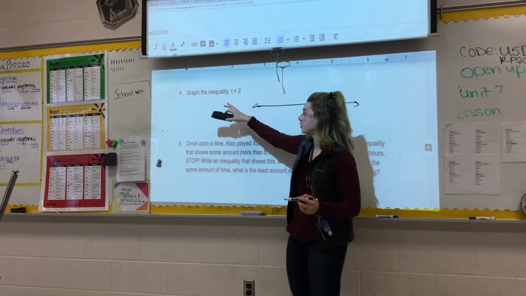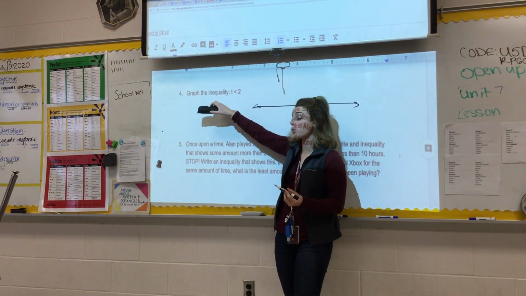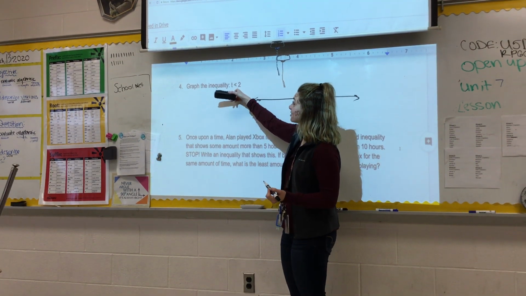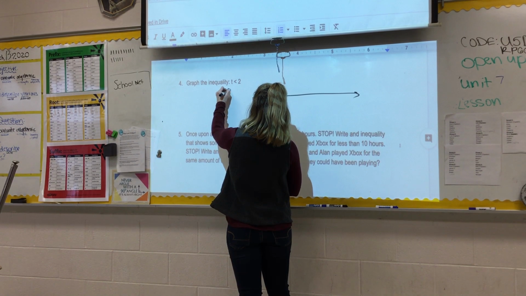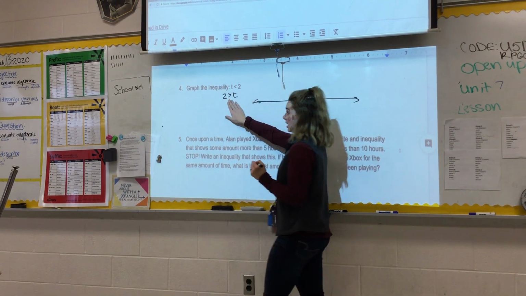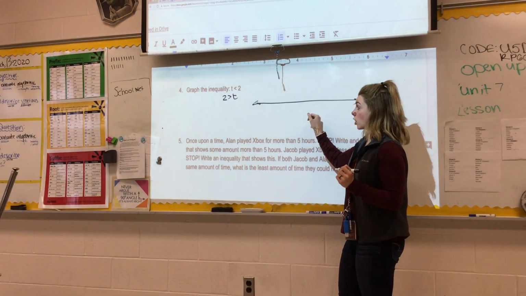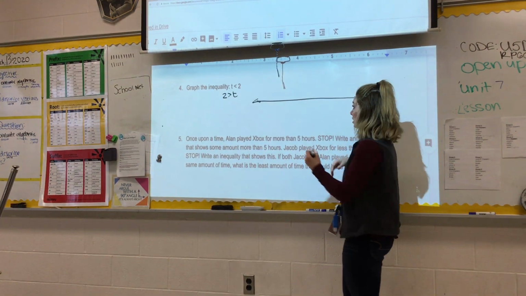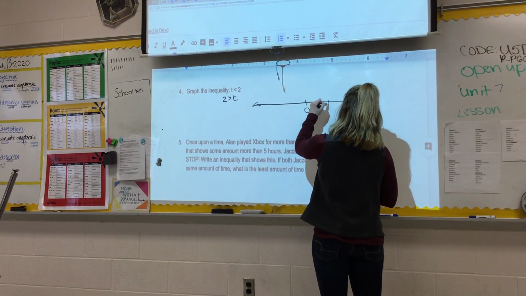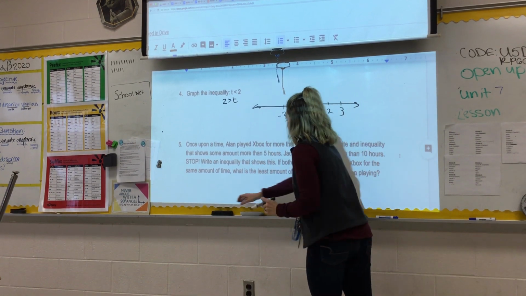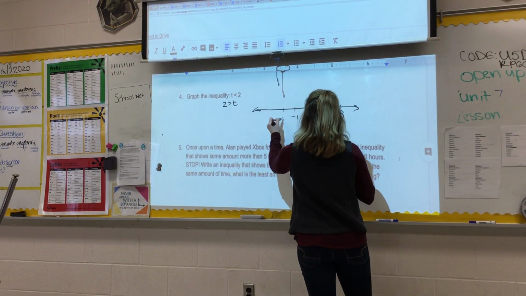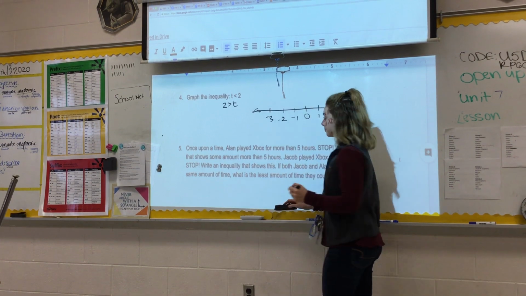So, as you can see, this problem also says graph the inequality. T is less than 2, which could also be written as 2 is greater than T. So I'm going to go ahead and draw my number line, because remember that's what the graphing is. So I'm going to have 0, 1, 2, 3, -1, -2, -3.